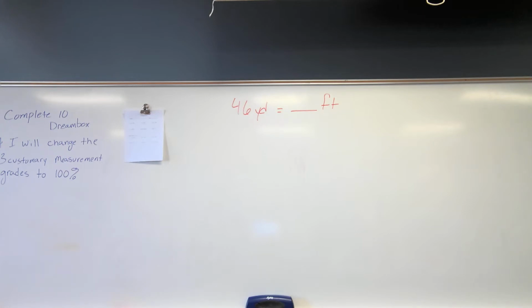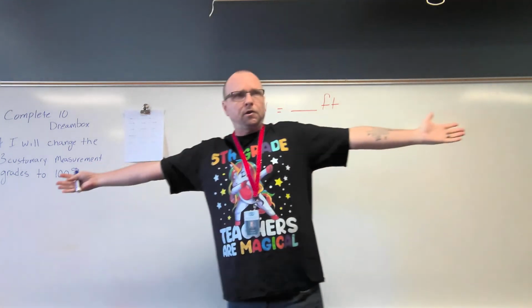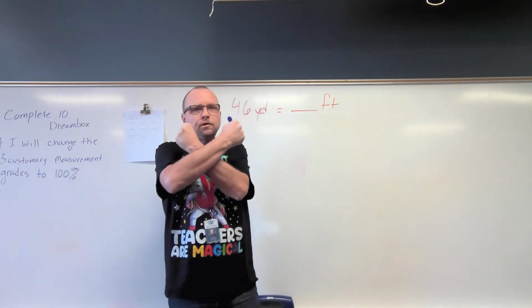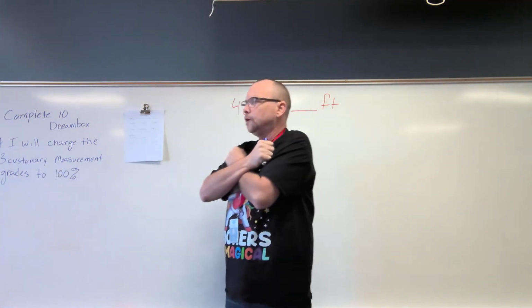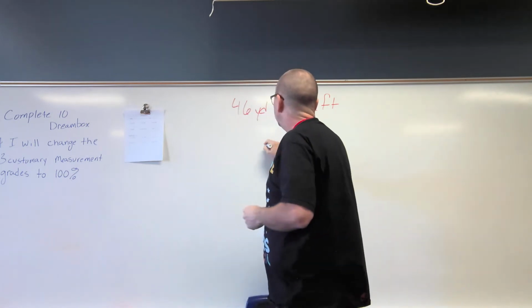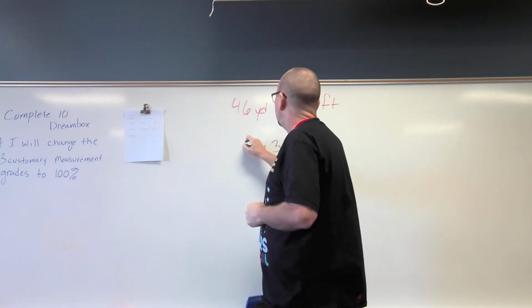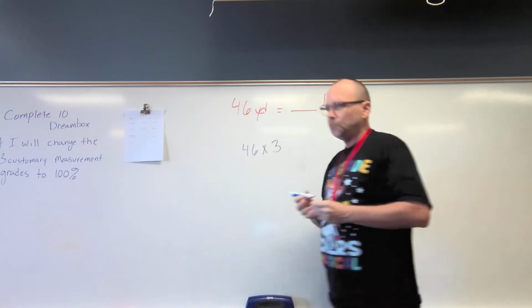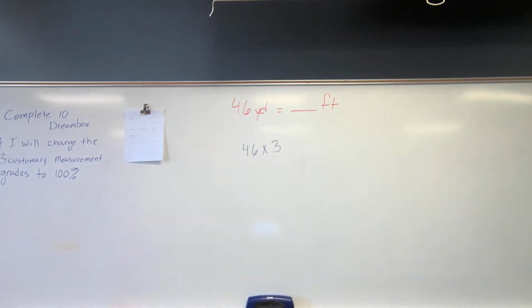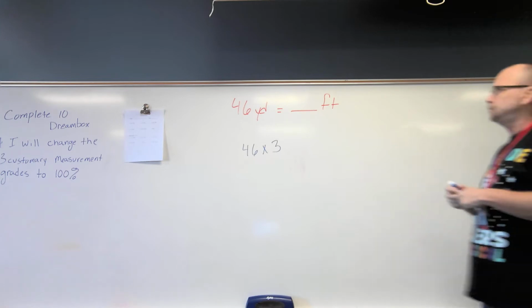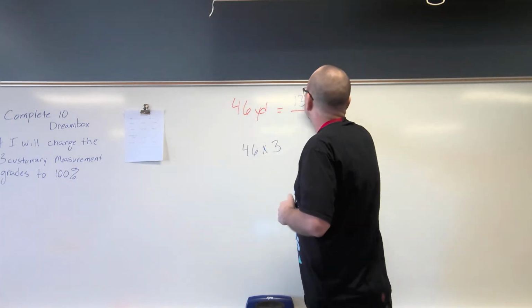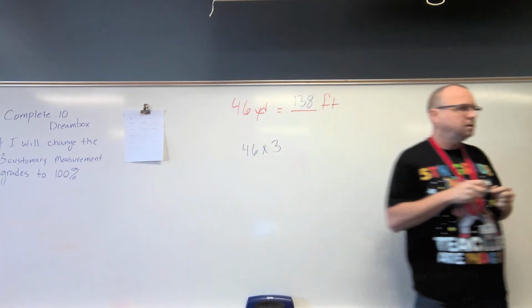So we're changing from bigger, because yards are bigger than feet, which means we multiply. We're multiplying 46 times 3. Zane, what is 46 times 3? 138. I haven't done the math, so speak up if you disagree, but I got faith in Zane.